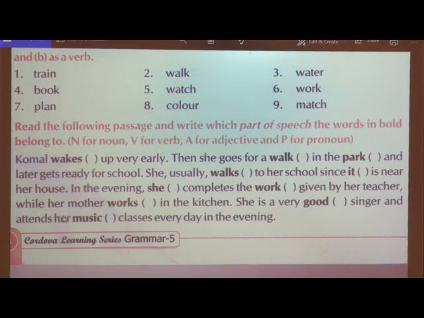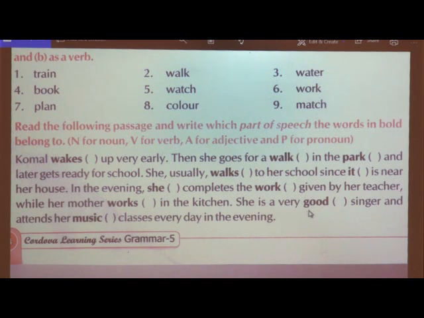Given by her teacher while her mother works. Now, her mother is doing some work, some action. So that is a verb, and you write V because it is an action. In the kitchen, she is a very good singer. Now, we are telling something about Komal, that she is a good singer.